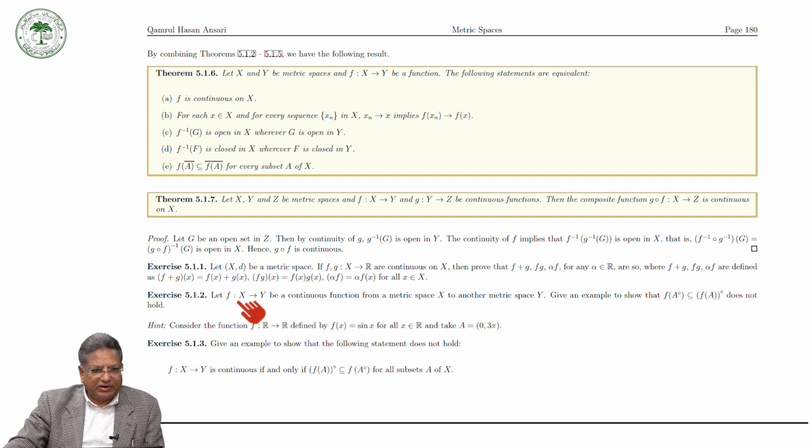Let f be a continuous function from a metric space X to another metric space Y. Now give an example to show that this does not hold. If f is continuous, then f of the interior of A may not be a subset of the interior of f of A for every subset A of X.